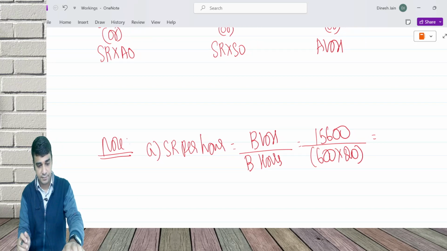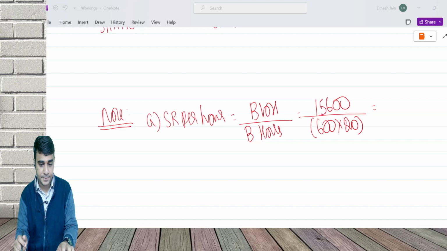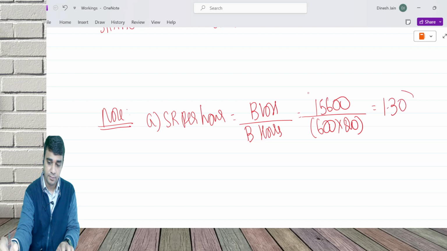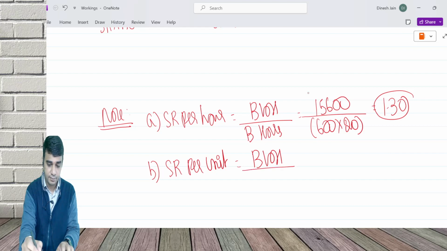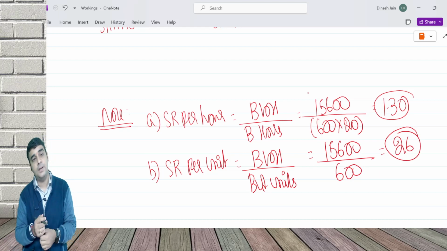How much is the SR per hour? SR per unit is equal to budgeted variable overhead by budgeted units. 26, 1.3 and 26.